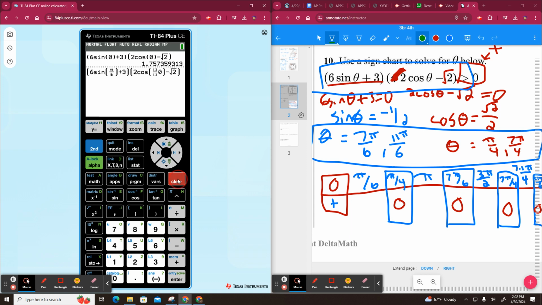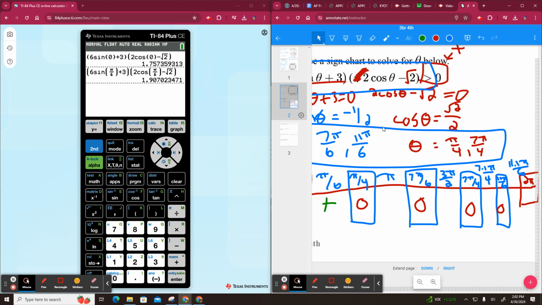Delete this. Oh crap. So sorry about that. It's not as easy to do on a keyboard calculator. And change this to fraction pi over 6, which is also positive. And so you would just plug in like that for the rest of them.